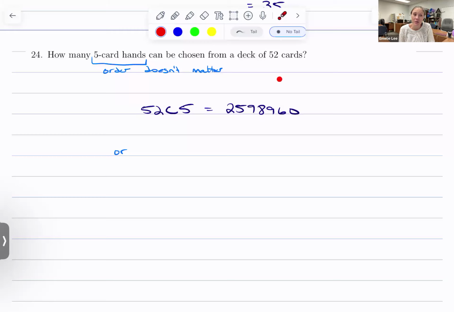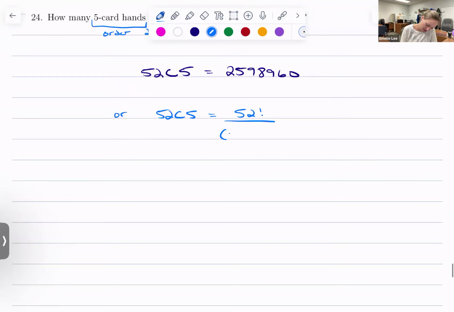It doesn't say you have to use the factorial function, but 52 choose 5 is going to be 52 factorial divided by 52 minus 5 factorial times 5 factorial. 52 minus 5 is 47.